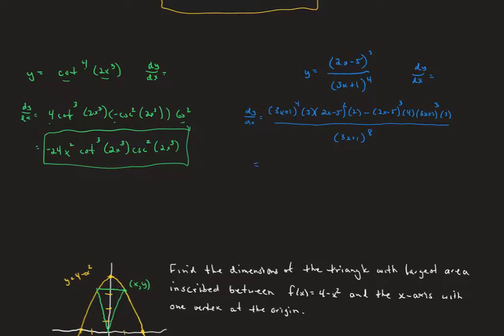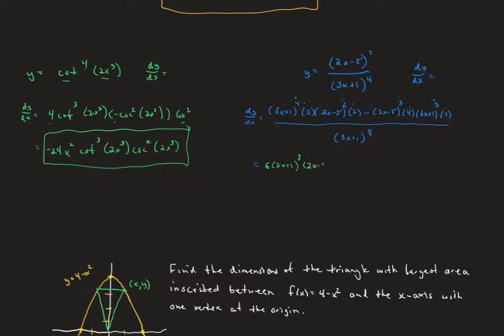We can factor out, I believe we've got 3 and a 2, a 4 and a 3. So our least common, or our greatest common factor there is going to be a 6. We've got 3x plus 1 to the fourth and a 3x plus 1 to the third. So we can take out a 3x plus 1 to the third. We have a 2x minus 5 squared and a 2x minus 5 to the third.